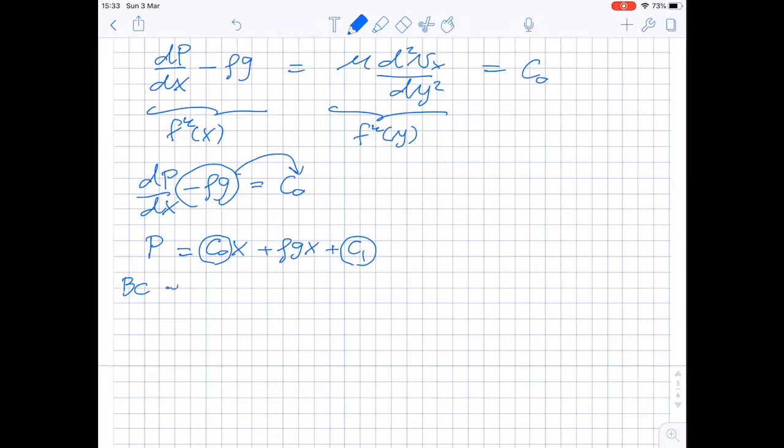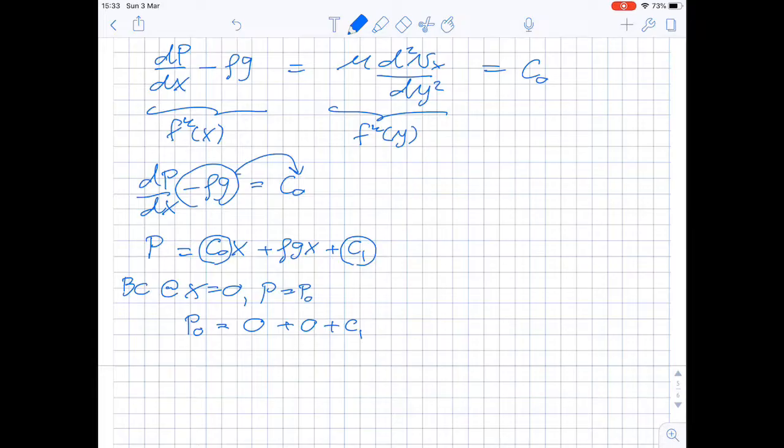So the first boundary condition, as x equal to 0, pressure is P0. So if you put x equal to 0, left hand side is P0, right hand side first term is 0, second term is 0, and then you have C1.